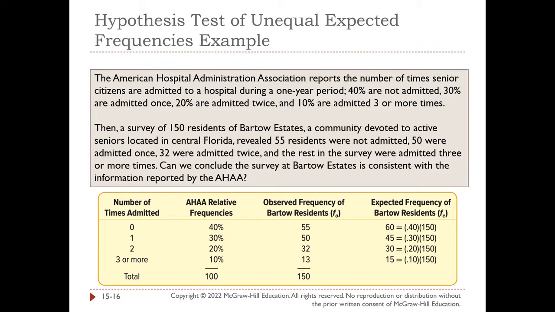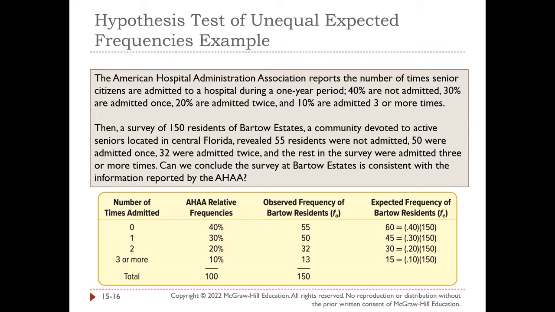The Animal Hospital Administration Association reports the number of times senior citizens are admitted to the hospital during a 1 year period. 40% are not admitted, 30% are admitted once, 20% are admitted twice, and 10% are admitted 3 or more times.